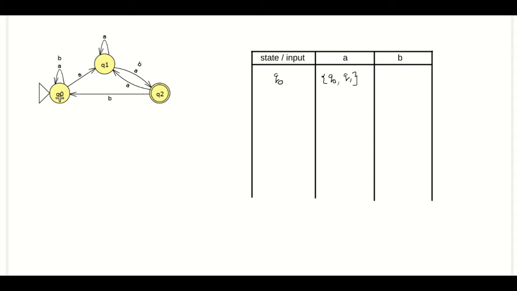Q0 on B remains in Q0 itself, and there is no other transition, so it is the set Q0. Now we got a new state called Q0 Q1.